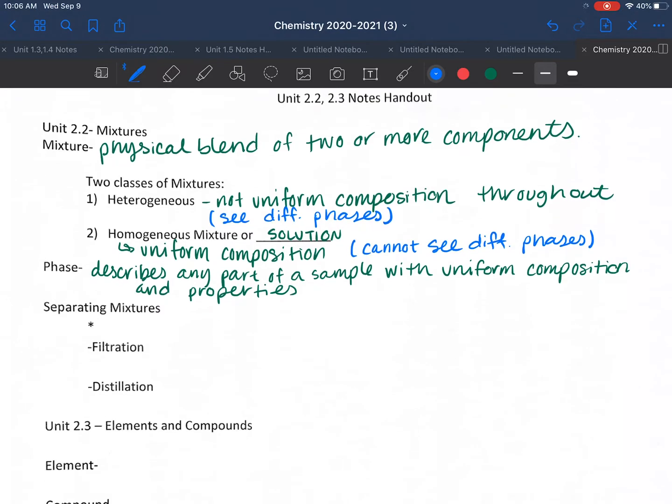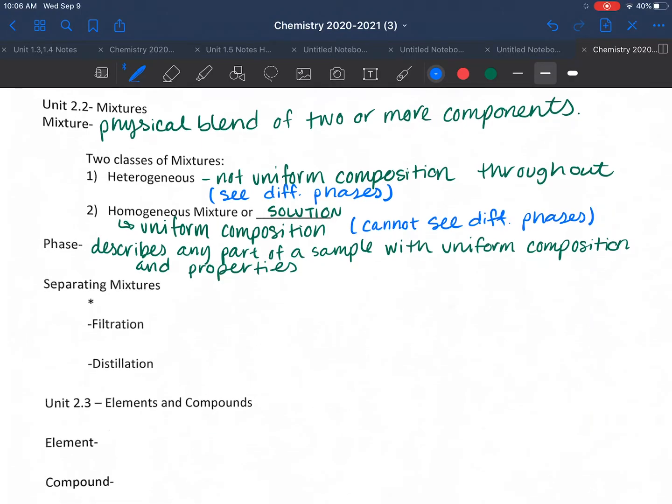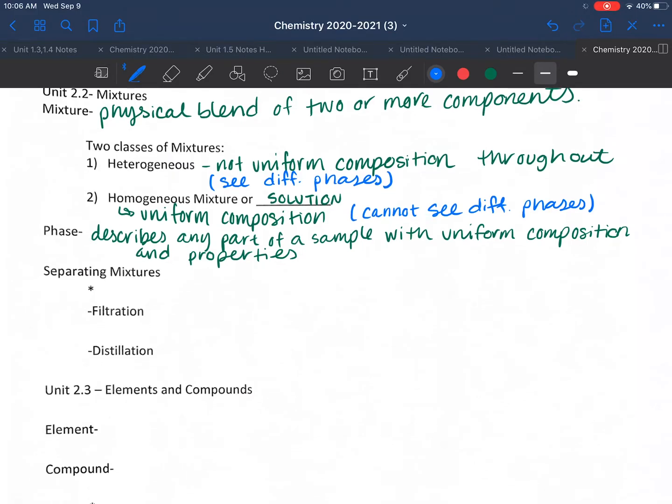It's important to understand the types of mixtures because there are so many applications of wanting to separate mixtures. What's important to note is that differences in physical properties can be used to separate mixtures.